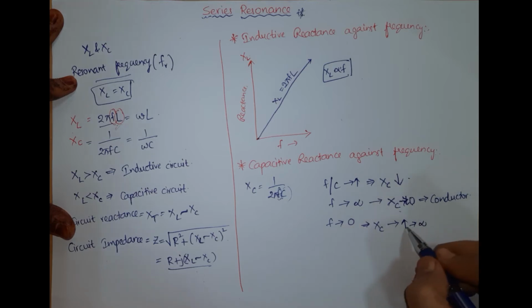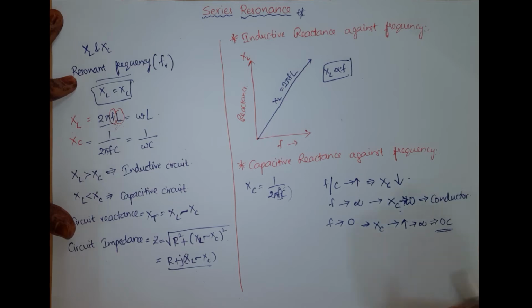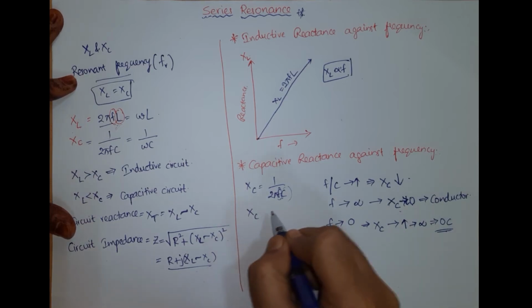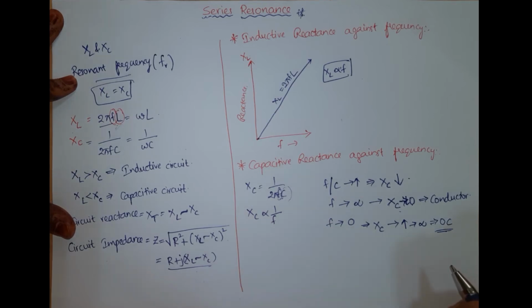That means the reactance is increasing, so it acts like a resistor, becoming more like an open circuit. Increase in resistance means opposition to the flow of current is so high that it is acting as an open circuit condition. From this we can write Xc is inversely proportional to the frequency.